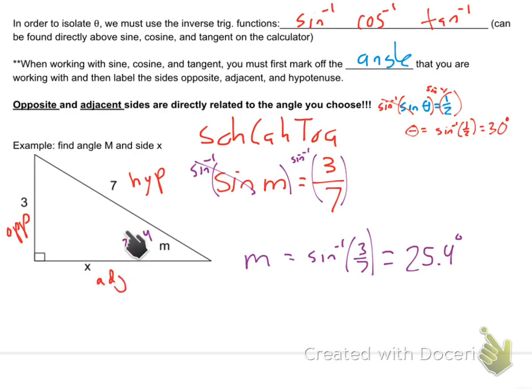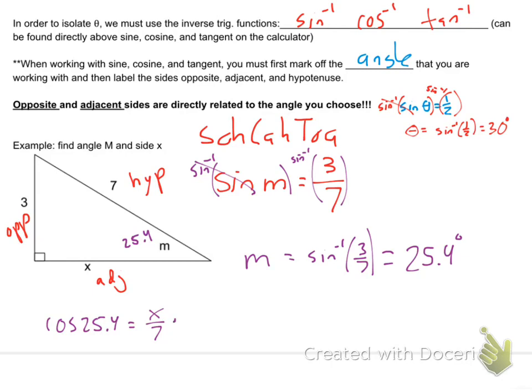If I am going to use a fraction to solve, I'm thinking the unknown on top would be good. So I'm going to use cosine of 25.4 equals X over 7, adjacent over hypotenuse. And now I can solve this.